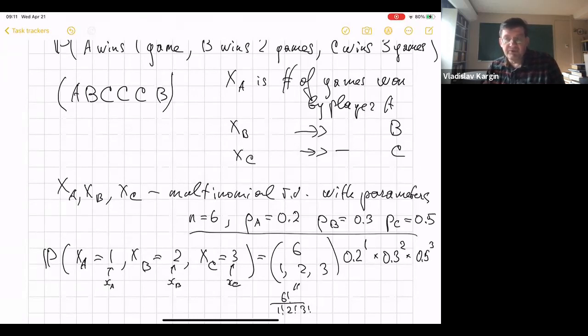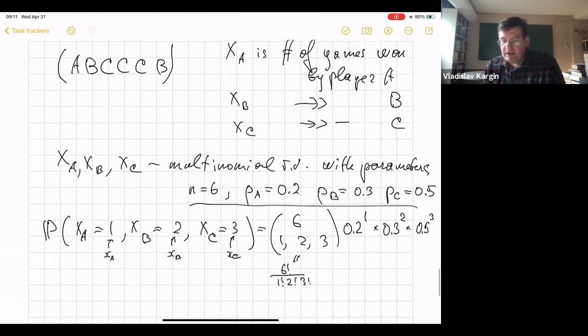This is the answer. I calculated it, and it's equal to 0.135. So this is the probability of this event.